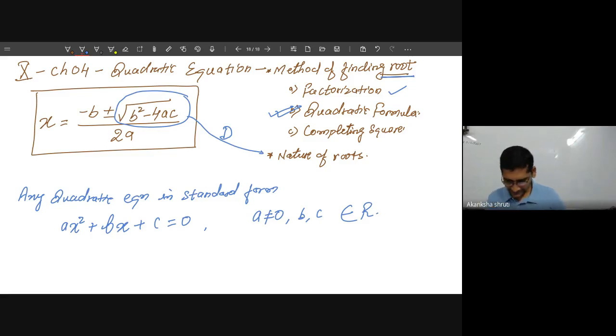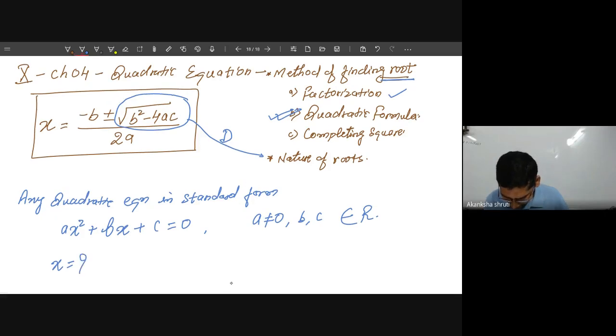That was one thing. Now, students, the roots mean the value of x. What is the value of x which satisfies this equation? So how to calculate this x?